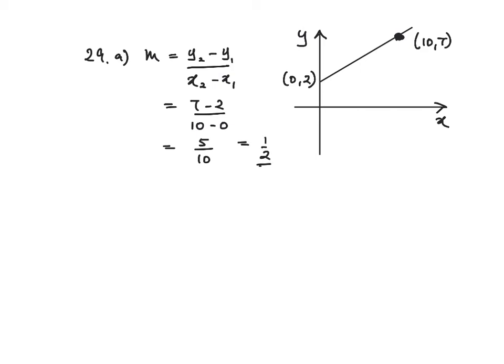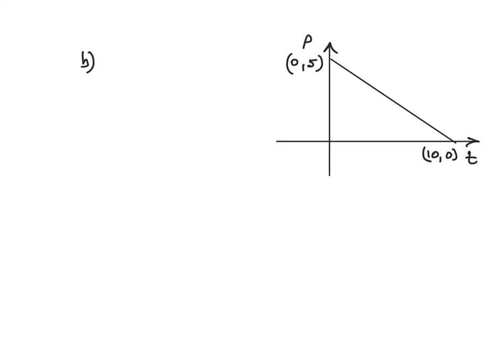Now that's the gradient. We also know that the y-intercept is 2. That's where the line cuts the y-axis. So c equals 2. y equals mx plus c. y equals 1/2 x plus 2.